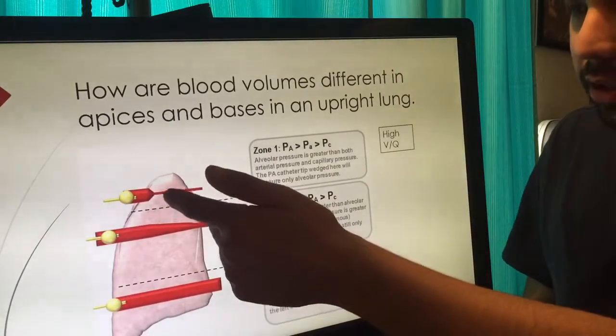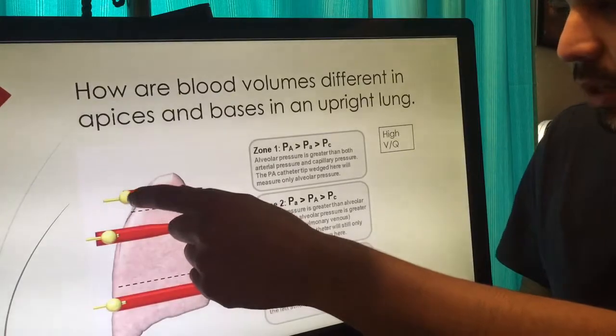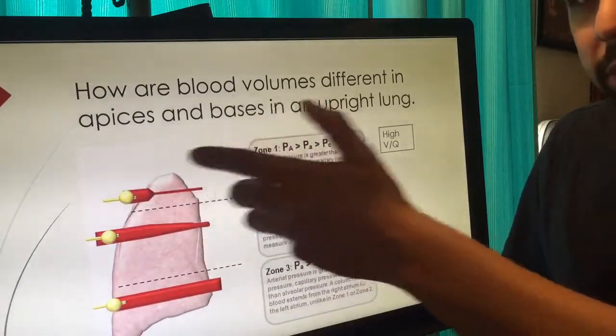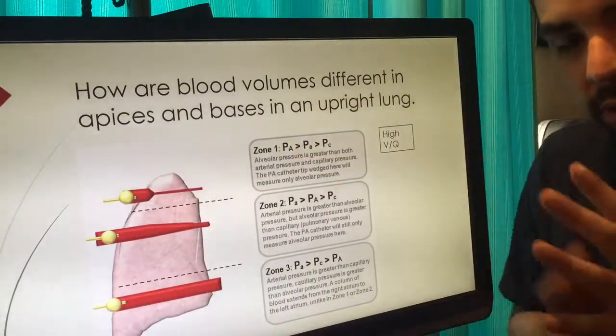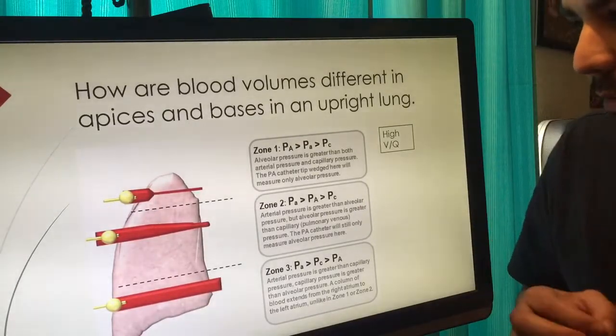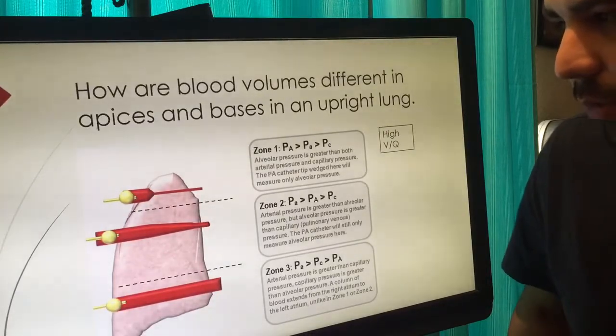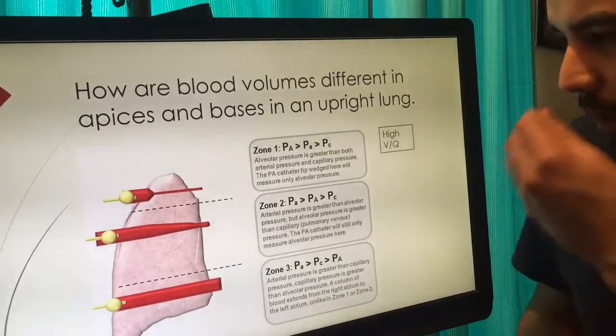There's more ventilation in the alveoli because it has higher resting volumes. Alveolar pressure, PAO2, will always be bigger than arterial, and pretty much over venous blood too in the capillary.